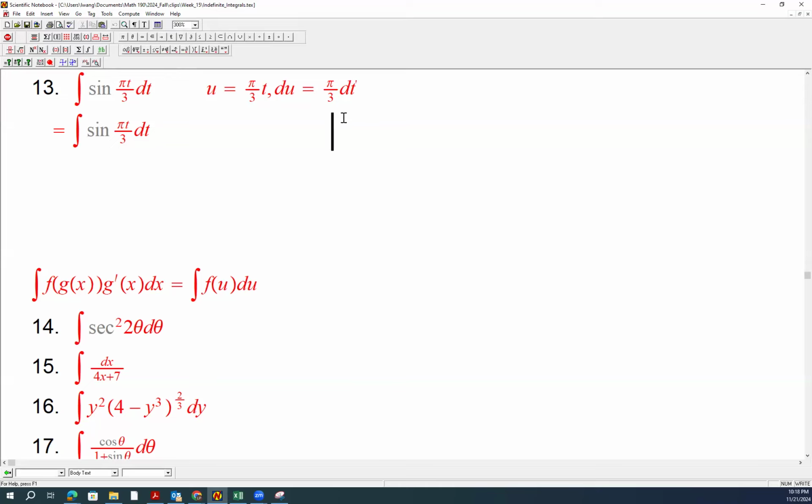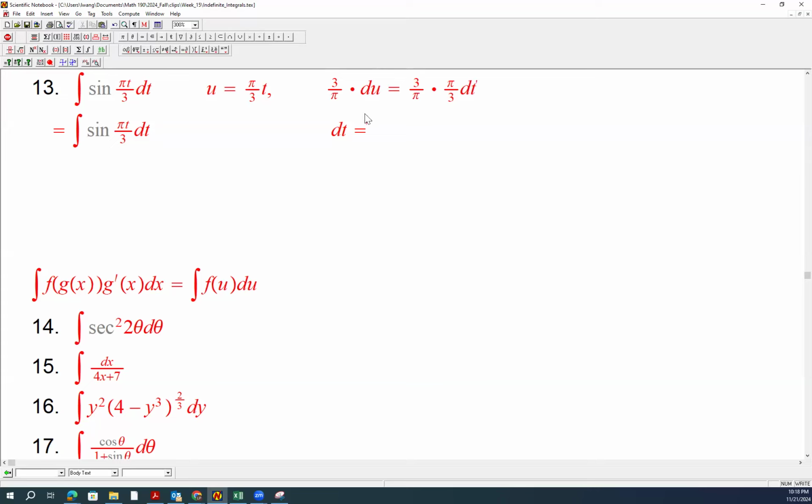You're solving for dt. dt is equal to, we multiply the reciprocal on both sides. On both sides, we multiply 3 over pi. We multiply 3 over pi on both sides.